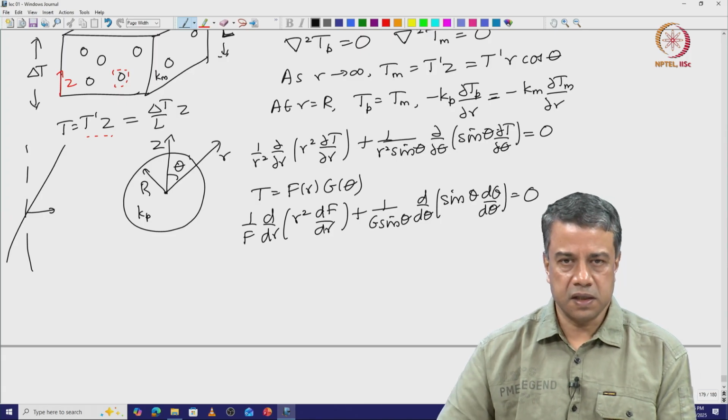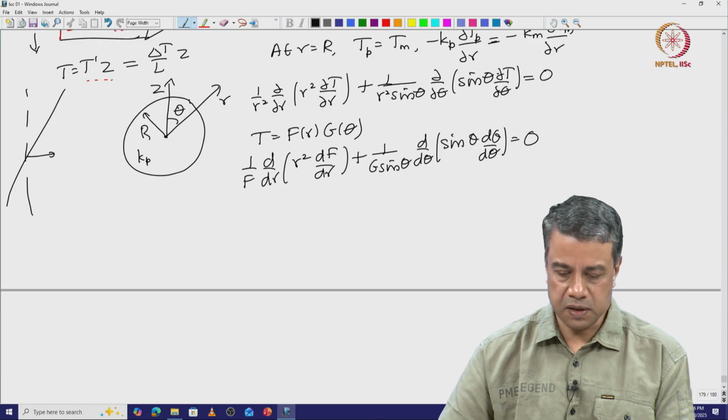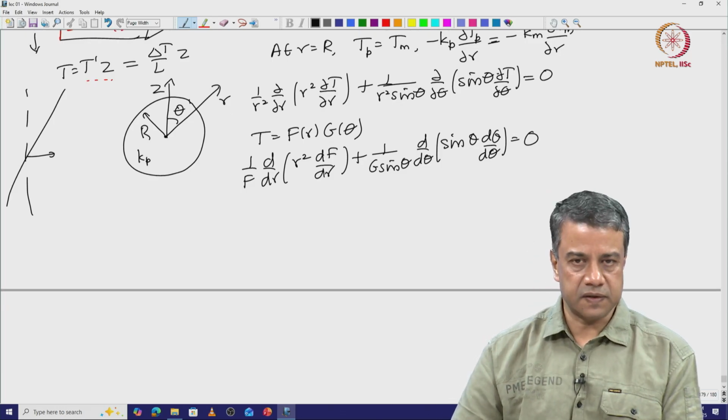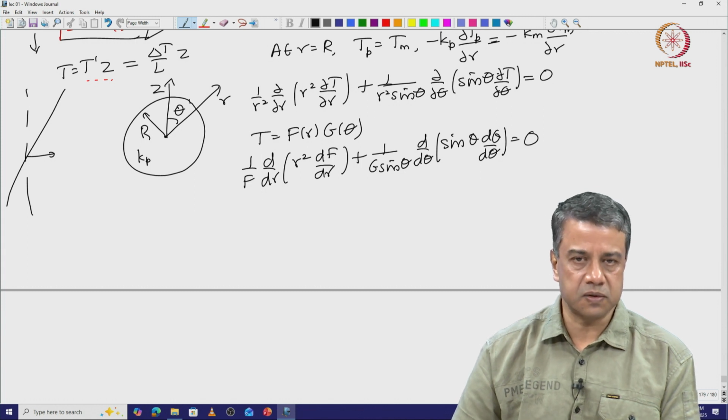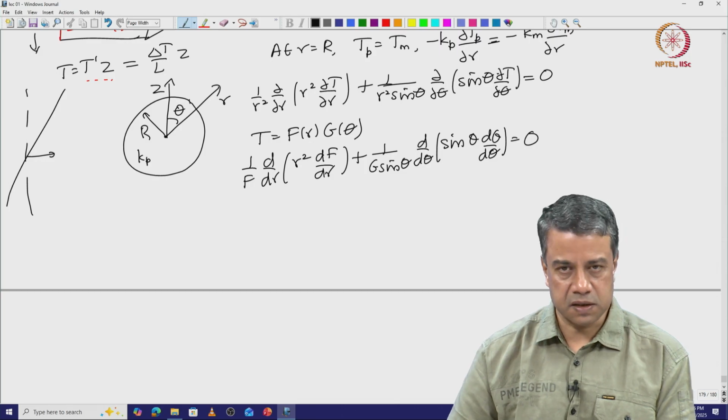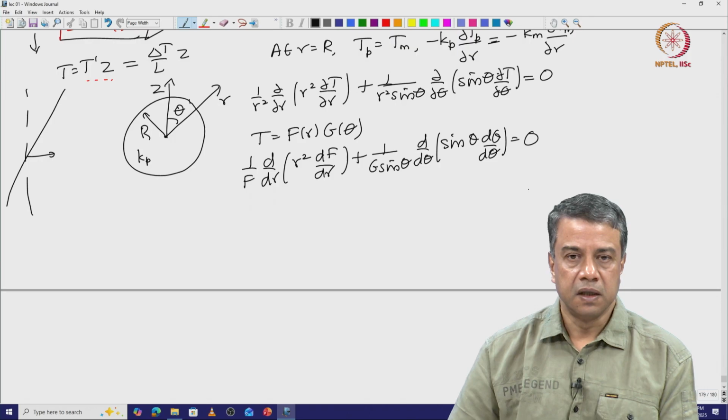And I had done a series solution in order to demonstrate to you that both of these terms on the left side, the first only a function of r, the second only a function of theta, both have to be constants equal in magnitude and opposite in sign.